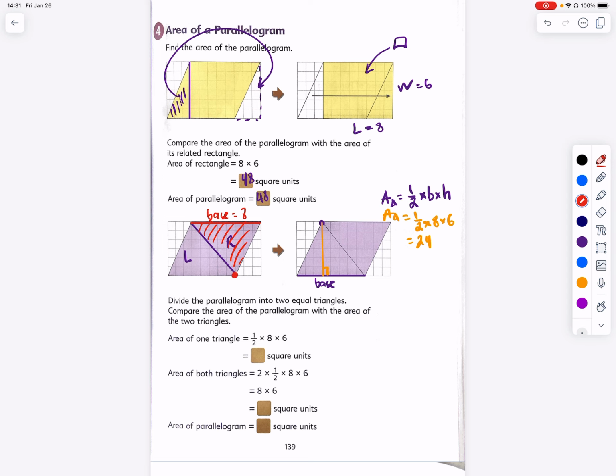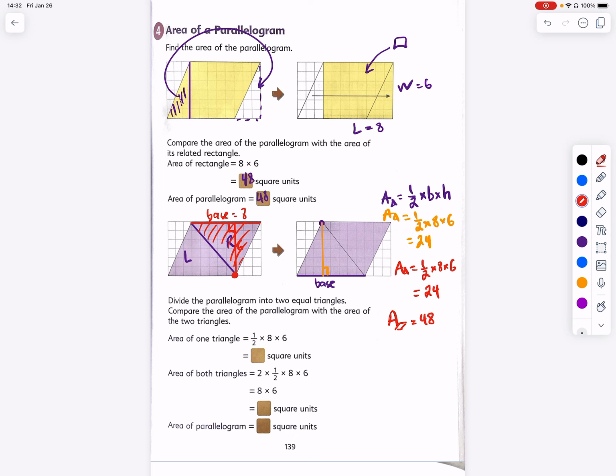And then we would find the vertex opposite of the base and drop a perpendicular line, which would be our height, equal to 6. Again, the area of the red triangle would be a half of 8 times 6, which is also 24. When we add 24 and 24 together, the area of the parallelogram would be equal to 48 square units, which is exactly what we had above.